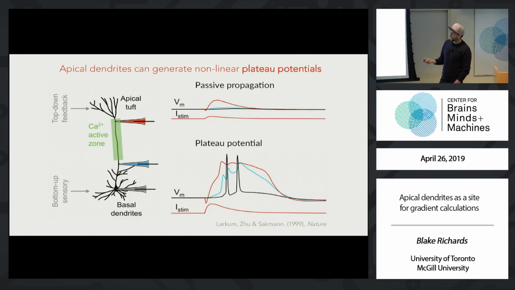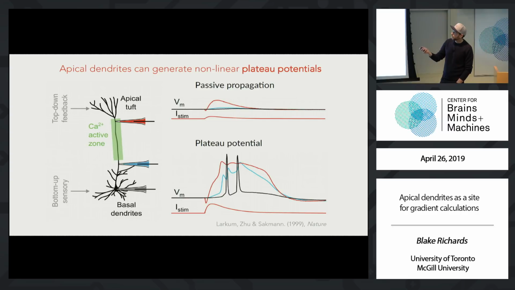Basically, what happens is this shaft of the apical dendrite has a region that's very rich in voltage-gated calcium channels. And as a result, there's this interesting nonlinear behavior in the apical dendrite. So here in the experiment that Matt Larkum did, he had 3 patch electrodes attached to different parts of the same pyramidal neuron, and he would inject current into this red electrode here attached to the apical tuft.